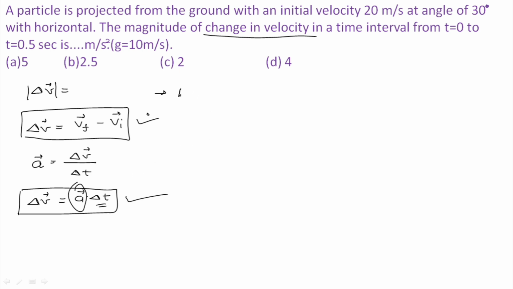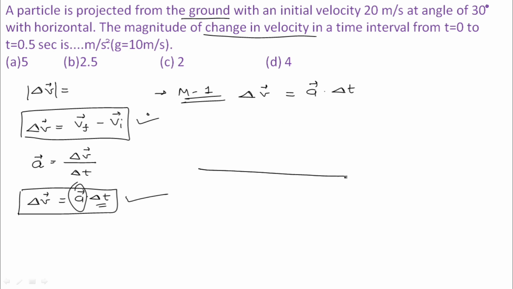So start with method 1. We will take the first easy method. In this question, delta v vector is equal to acceleration into delta t time interval. A particle is projected under the effect of gravity from the ground.